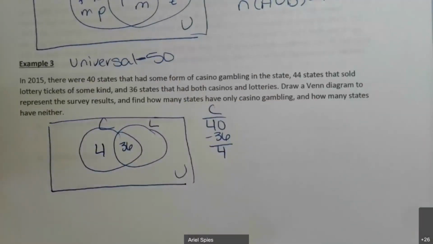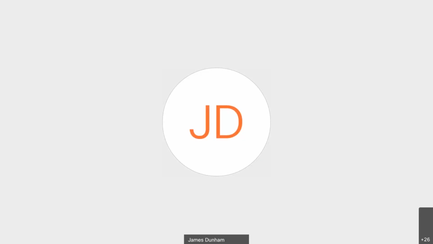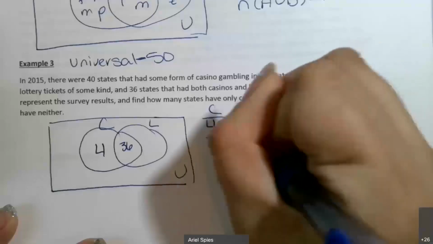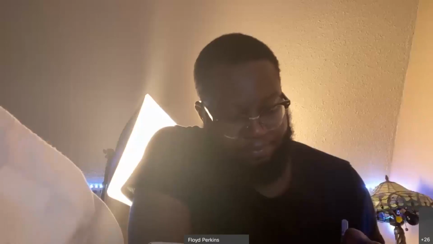Okay. Then what do I want to do next? So 36 from the 44 lottery states. Yep, I want to take the 36 away from the 44 in the lottery states, which is 8.